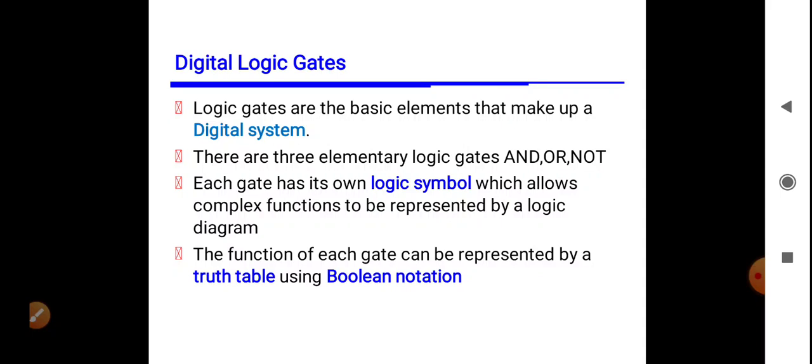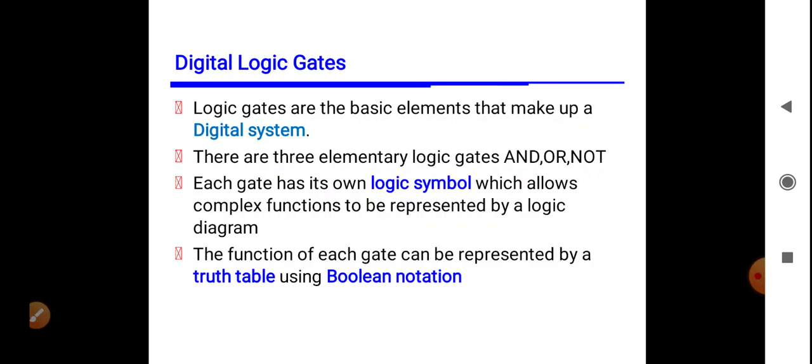The digital logic gates are basically of three types: AND gate, OR gate and NOT gate. The AND gate is nothing but dot. The symbolic notation for an AND gate is dot, which performs a multiplication operation of the logic levels. Logic levels are nothing but zeros and ones.